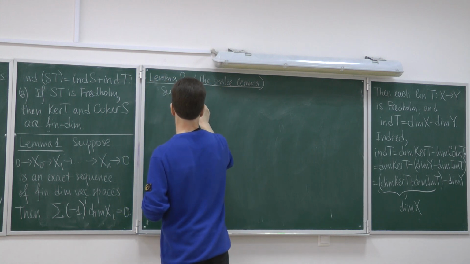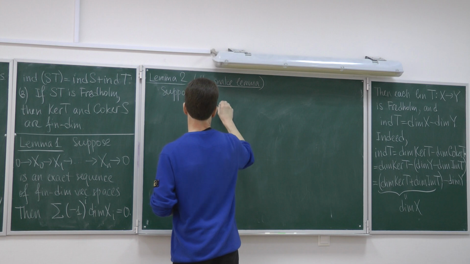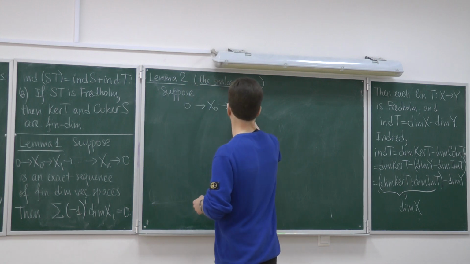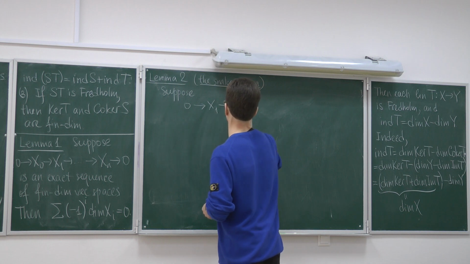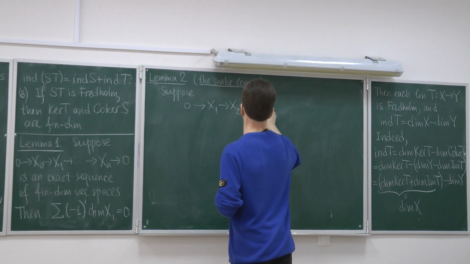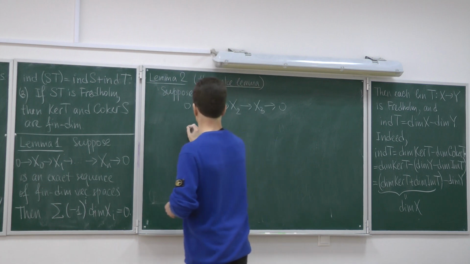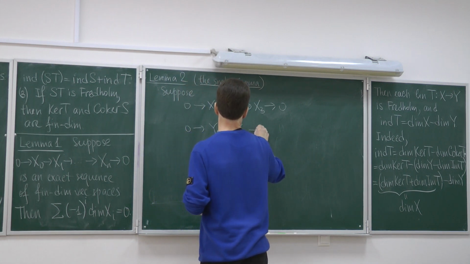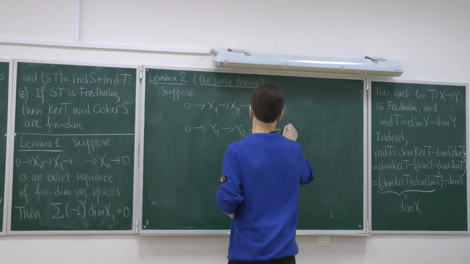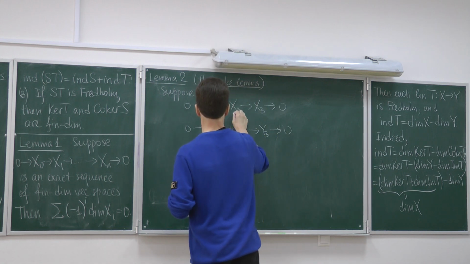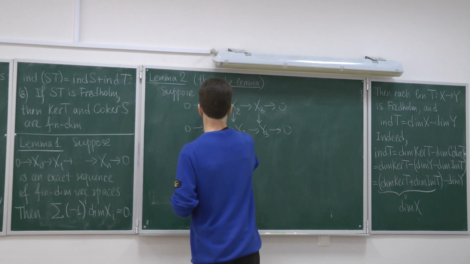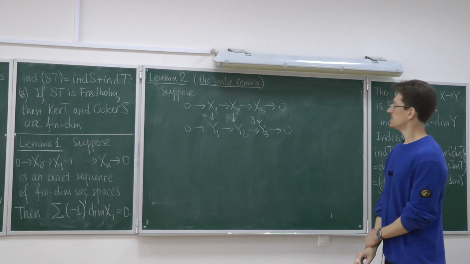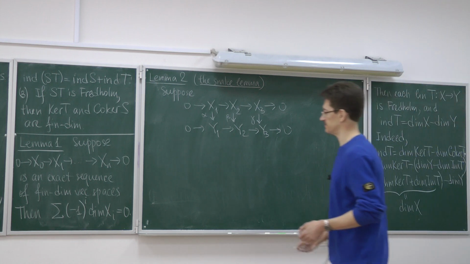Commutative diagram of the following form. X1, X2, X3. And we have 3 arrows here: alpha, beta, and gamma. So suppose this is a commutative diagram.